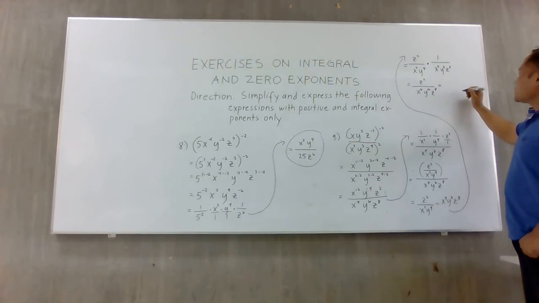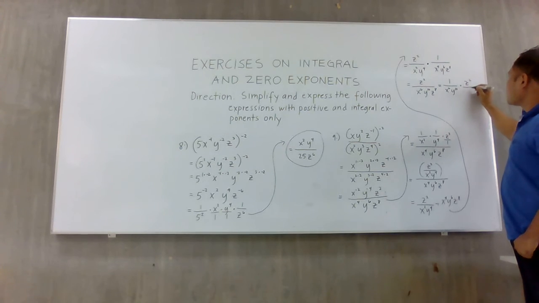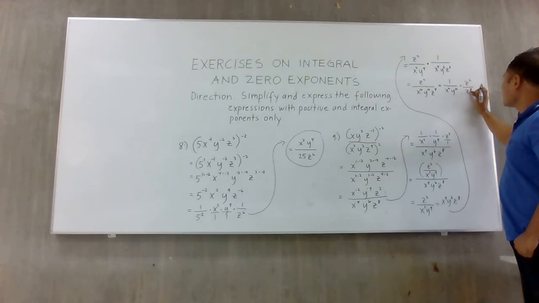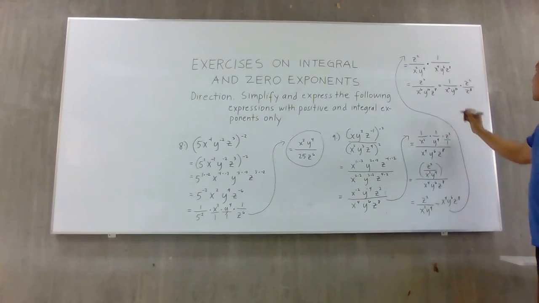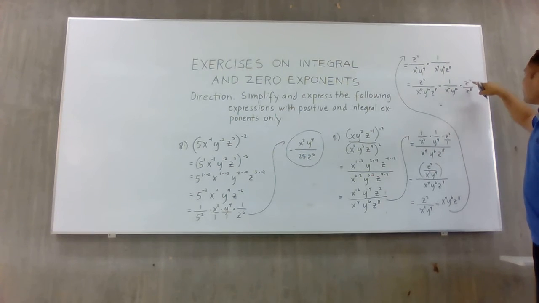So we can have 1 over x to the power of 6, y to the power of 10 times z squared over z to the power of 8.